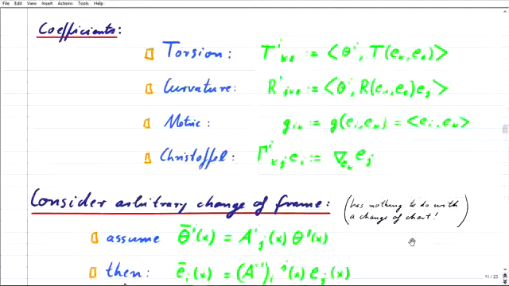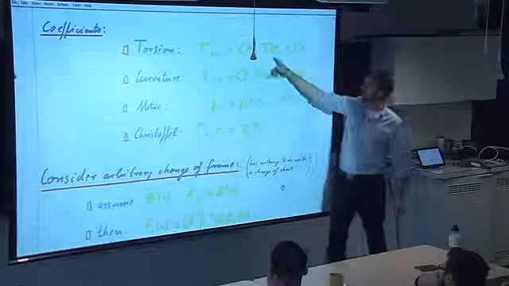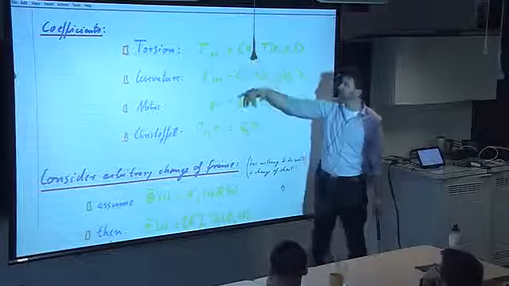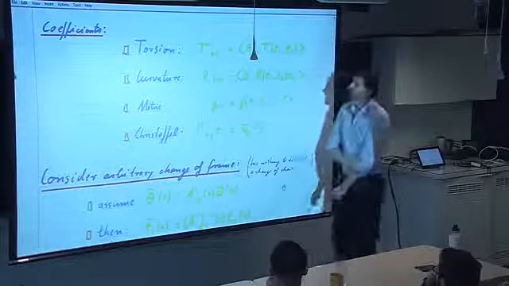Here's the torsion tensor. Well, it's the coefficient matrix function of the torsion tensor. It's by definition simply what you get when you take the torsion map and you plug in two tangent vectors, two basis vectors, and you evaluate with a basis vector here. That's how you get the coefficients.